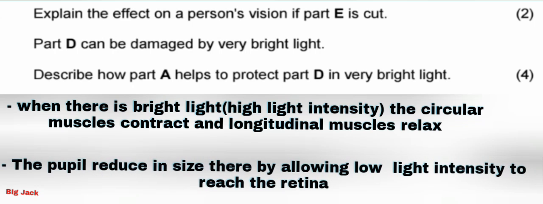Meaning when there is very bright light, the pupil reduces in size due to the contraction of the circular muscles and relaxation of the radial muscles or longitudinal muscles. So that is the answer.